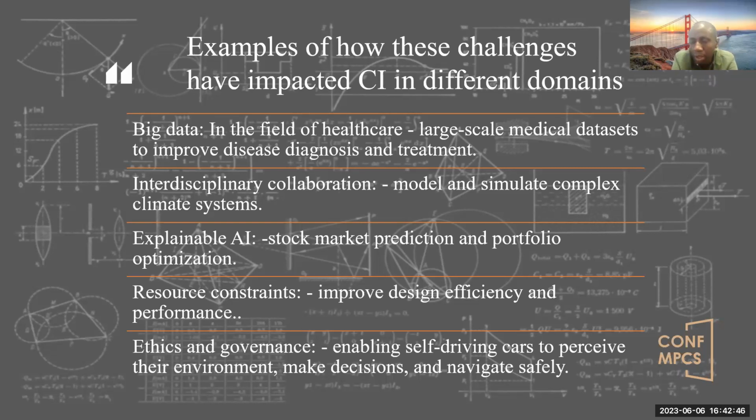Then look at the issue of explainable AI. Again, let's look at stock market prediction or portfolio optimization. To look at that, you need to understand the reasoning behind why the system or the computational intelligence is able to predict what's happening.